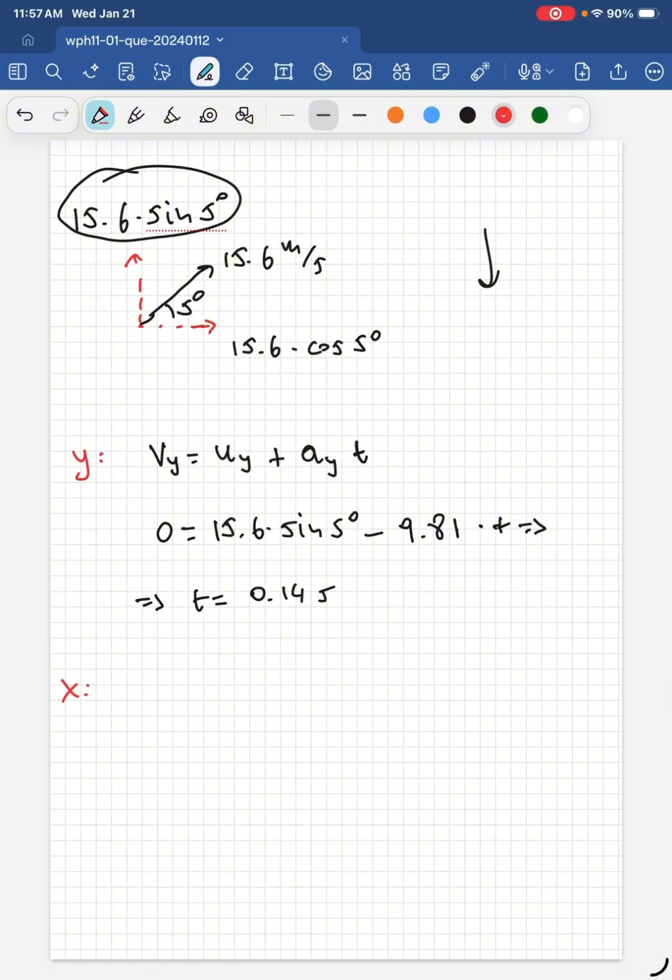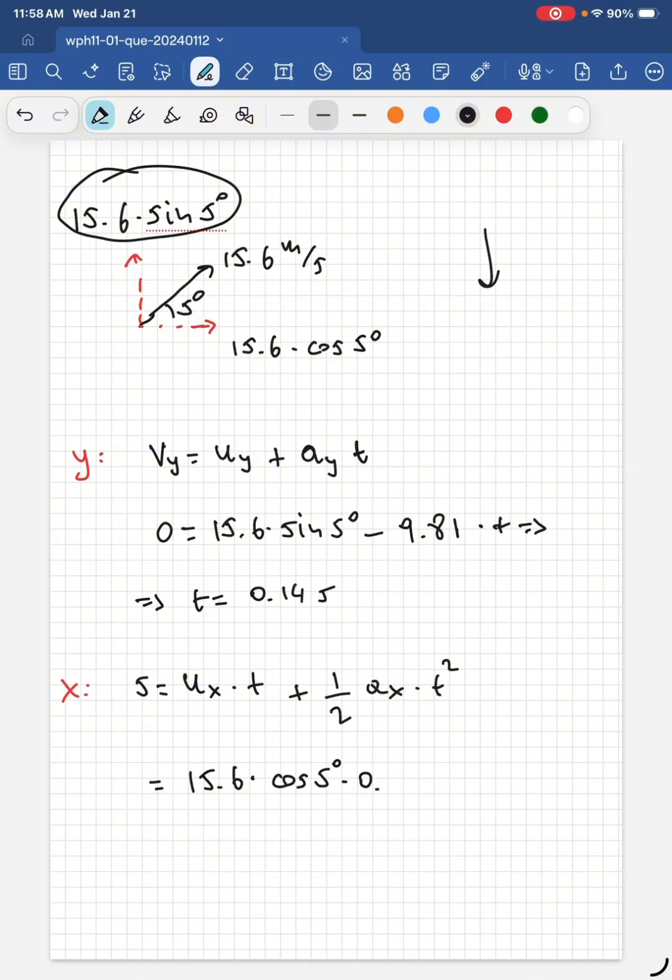Okay, how can we do that? We can use the SUVAT equation S is equal to u, which is u in the x direction, times t plus 1/2 ax times t squared. Okay, so what's the initial velocity in the x direction? 15.6 times cosine of 5.